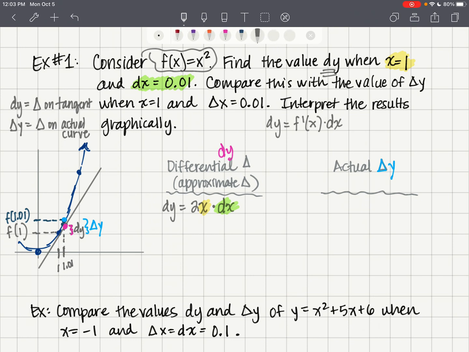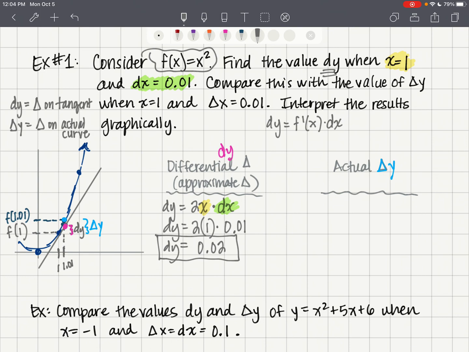And that's what I like about calculus, that sometimes it can be associated with that word simple. So 2 times 1 times 0.01, which is 1/100th. So 2 times 1/100th would give you 2/100ths. That's what I'm talking about. No calculator. So this output right here is going to be 0.02.